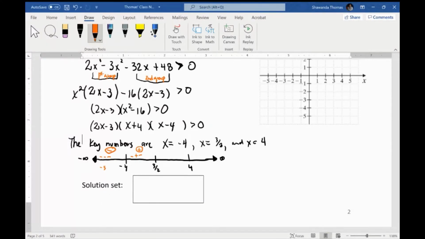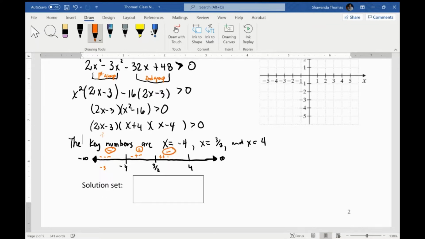Give me a number. 2. All right, plug it into the first parenthesis. Is it positive or negative? Positive. All right, second parenthesis. Positive. Third parenthesis. Negative. So ultimately, positive times negative is negative.